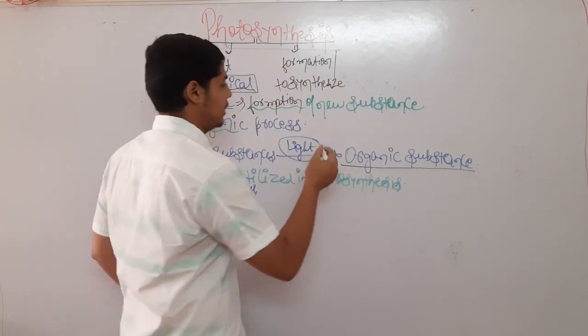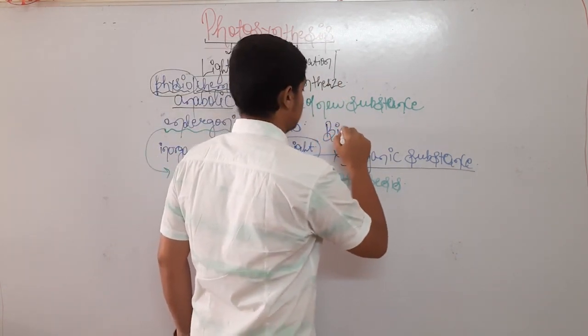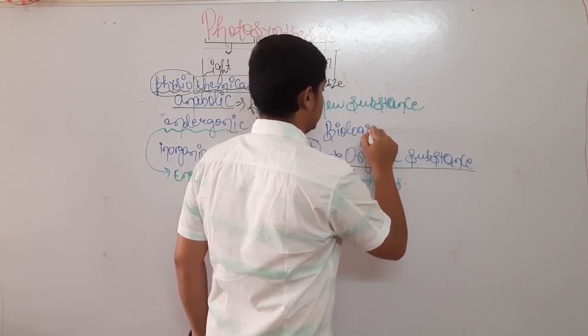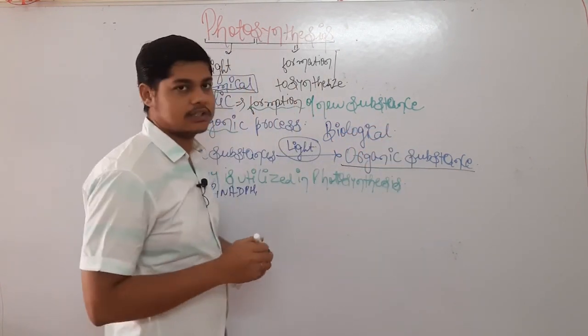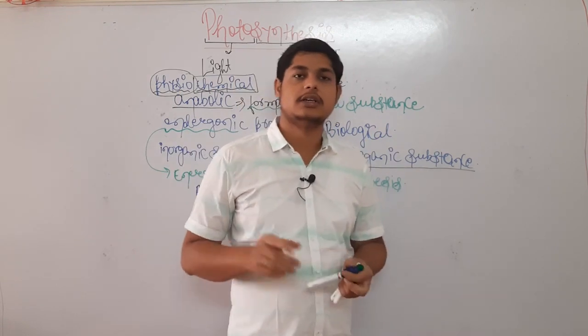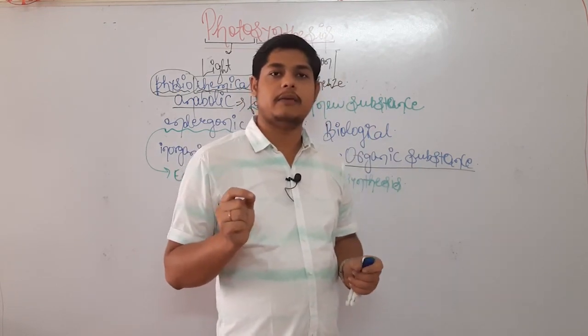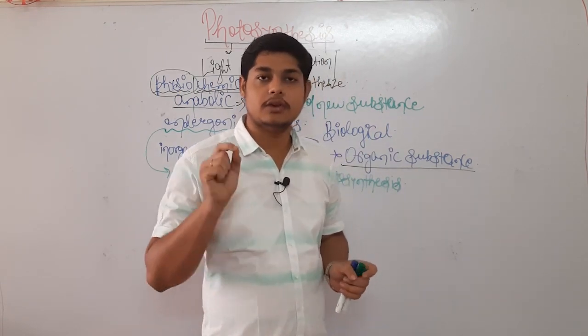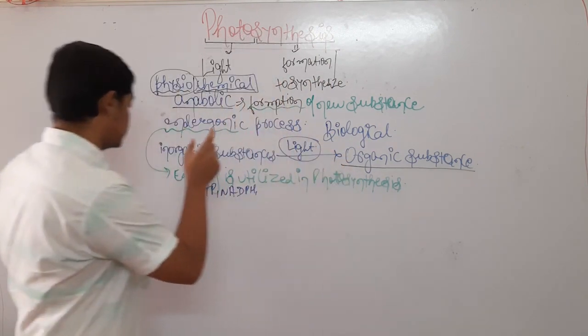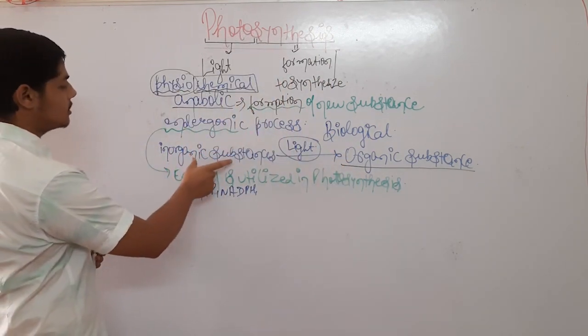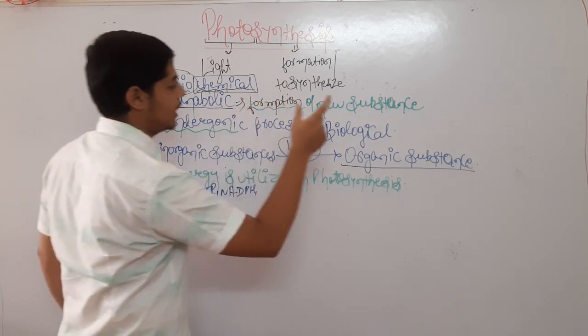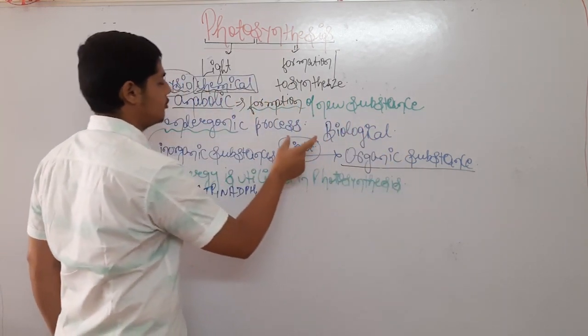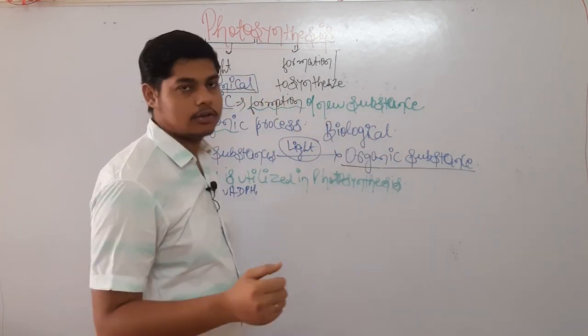If you want, you can add biological. Photosynthesis is an anabolic, endergonic, physiochemical, biological process in which simpler inorganic substances form an organic substance in the presence of light and chlorophyll.